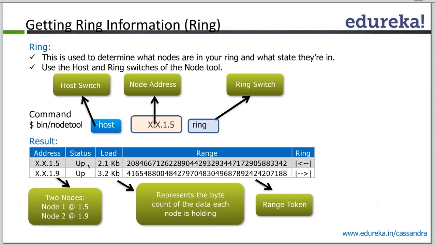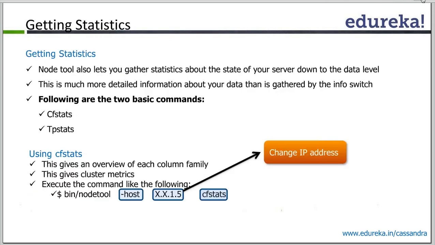Right now, if you say ring, it shows a physical IP address, which is the partition that a physical node shares, and it shows the status of each partition, whether it's up or down. In the case of virtual nodes, it shows many partitions like this inside the cluster. We'll see some of it in practicals.